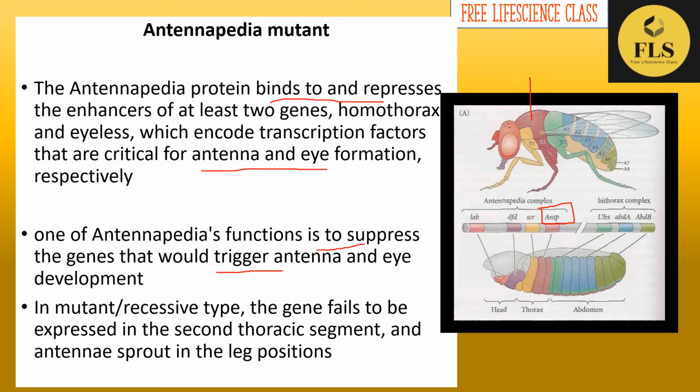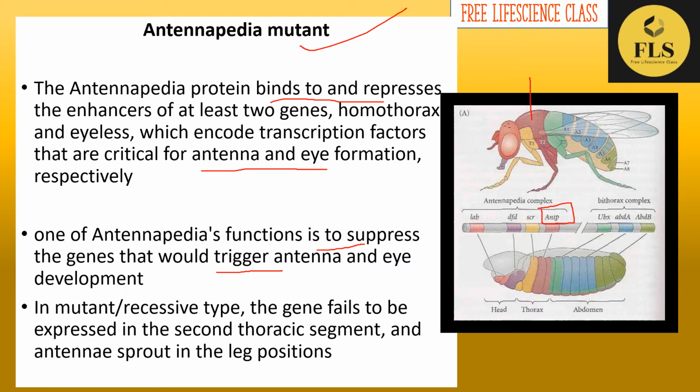So we have discussed this point. Remember that Antennapedia is seen in the second thoracic segment, and its main function is to suppress the other genes which trigger antenna and eye development, and to produce a set of legs and a set of wings. In the case of an Antennapedia mutant, you can see that antenna and eye will develop from the second thoracic segment.